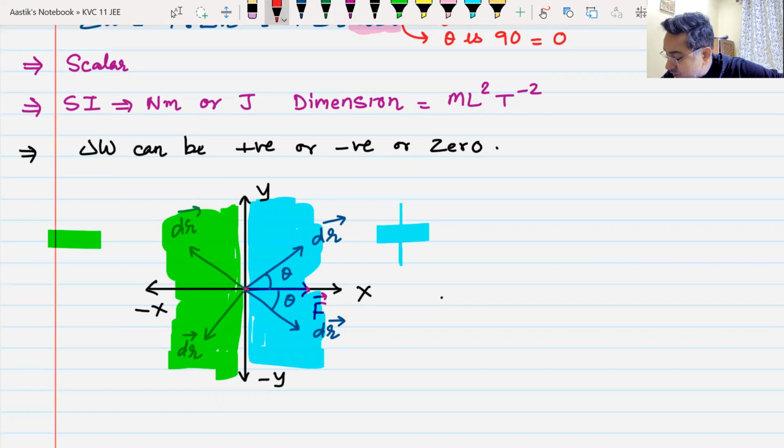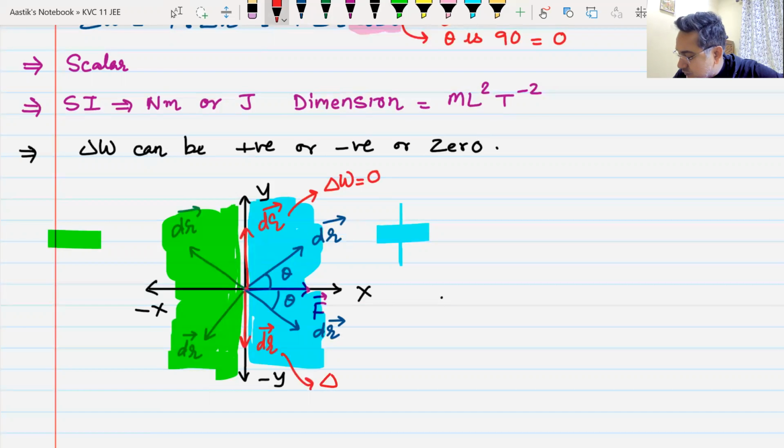When is it going to be 0? If my displacement is perpendicular like this or like this, in these two cases, my work done would be 0 because the angle between force and displacement is going to be 90 degrees.